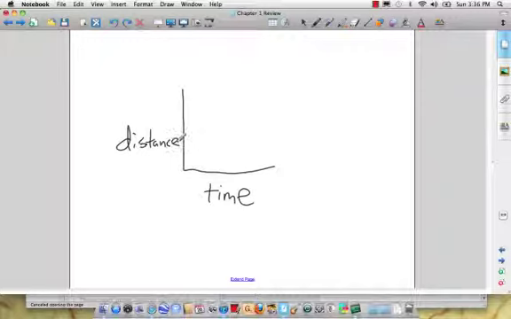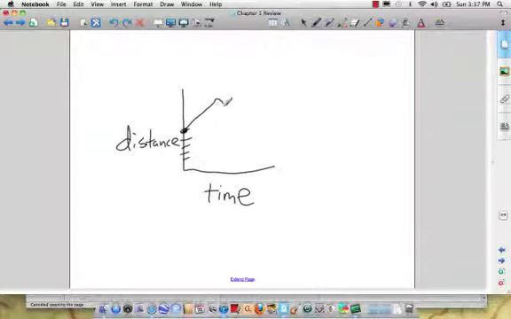And at the beginning, time 0, someone is a certain distance, say maybe 1, 2, 3, 4, 5 feet away from something. And if that person or object is moving away from the motion detector, the distance is going to get bigger, so it's going to get farther away from the x-axis.